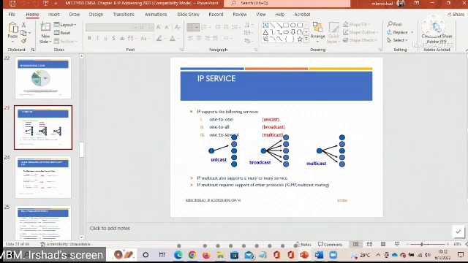Then we saw diagrams where many networks are there, how they operate, and how IP addresses were assigned for network and host. That was yesterday, and let's continue.